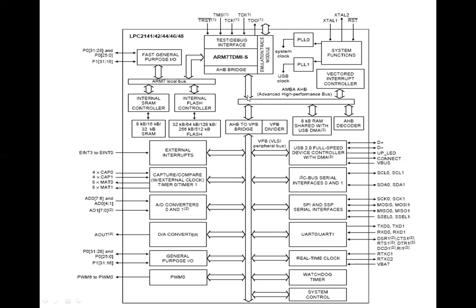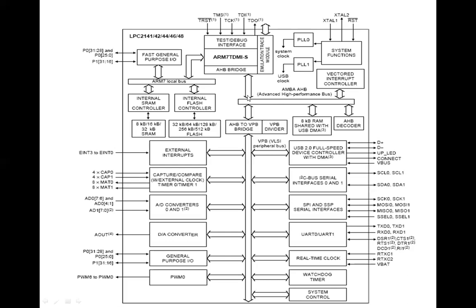Now on the right hand side you can see the system function. Xtal1 and Xtal2 are the crystal oscillator terminals, so one is in and one is out. Xtal1 will be the input, giving the clock. That clock generation is possible with the help of that system function. It is linked with PLL 0 and PLL 1.